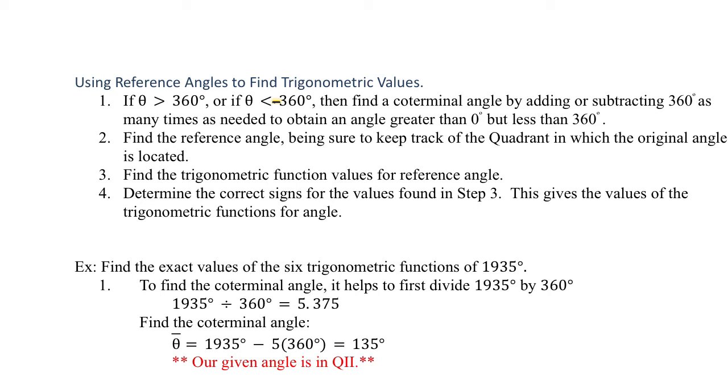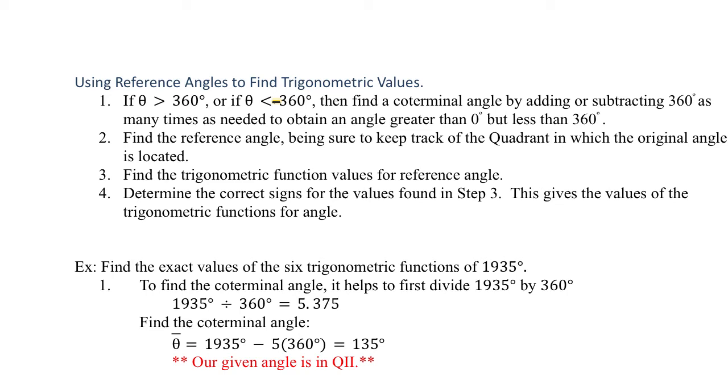Let's simplify the angle. We'll get a coterminal angle, and then either just use the unit circle and start figuring out the trig values, or if you've memorized the first quadrant of the trig values, then you can use your reference angle. So let me just show an example.